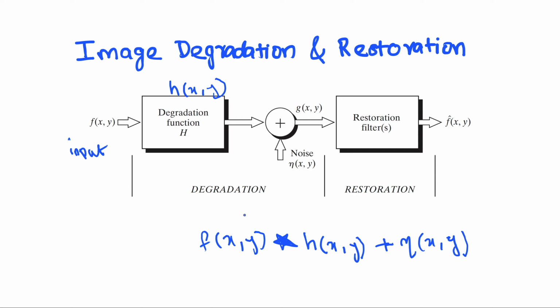I'm not multiplying, otherwise it would be multiplicative noise. The image after this entire operation reaches this point, where we call it the degraded image, and I write it using the symbol g of x comma y. So g of x comma y, the degraded image, is essentially f of x, y convolved with h of x, y plus the additive noise eta of x, y.